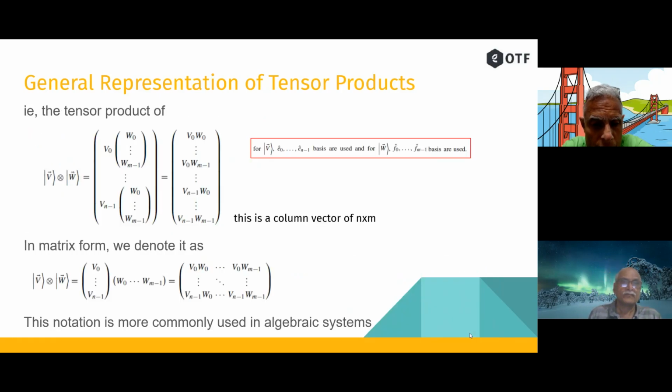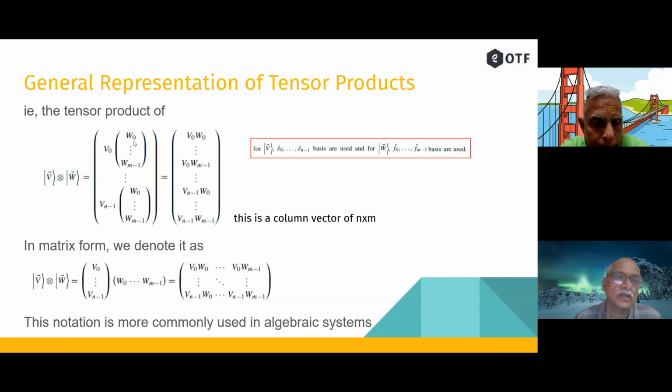Okay, so if I have a tensor product, and if the tensor product is to be evaluated, I can also have a generalized representation for the calculation. So once again, I talk about V tensor product W, that is ket V tensor product ket W. I can write this as V naught, V1, V2, etc. up to Vn minus 1, and each of that multiplied with the W vector itself.